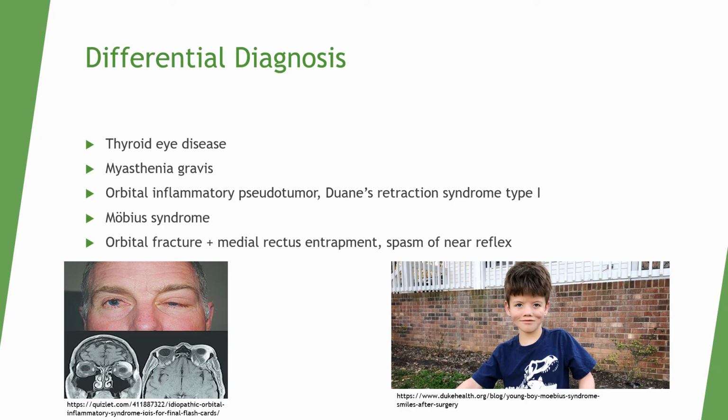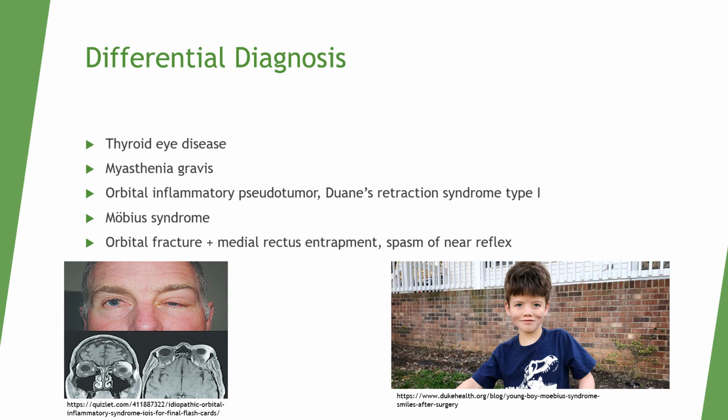Other possible diagnoses of a patient that presents with such symptoms and signs may be thyroid eye disease, myasthenia gravis, which is an autoimmune disease. There can be Möbius syndrome, orbital fracture, plus medial rectus entrapment, providing a reason for the inability of the eye to be abducted.